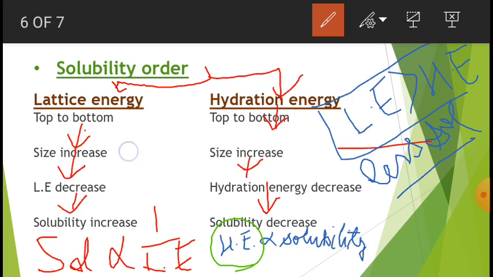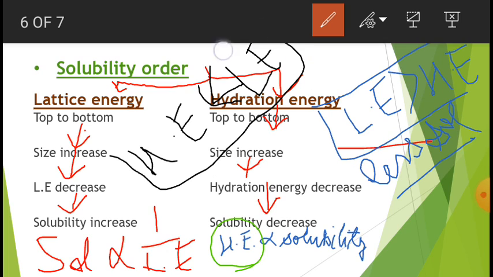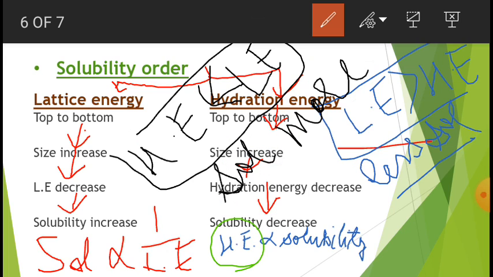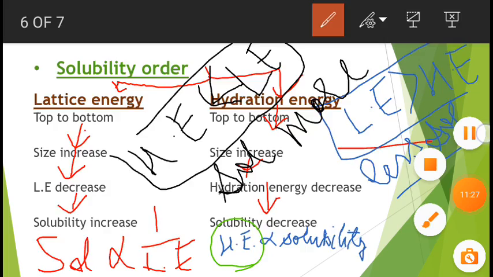If hydration energy is greater than lattice energy, then solubility is more, right? This is very important. Note it down in your notes.